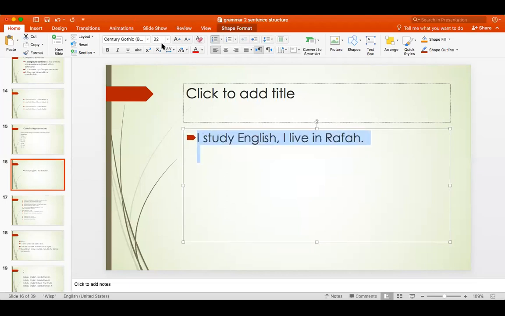And this is a very, very important piece of information. Logically, if somebody says, I study English, I live in Rafah, there's nothing wrong with that. The grammar is correct. But when you write it down and you realize that there is a comma here, it makes it wrong.